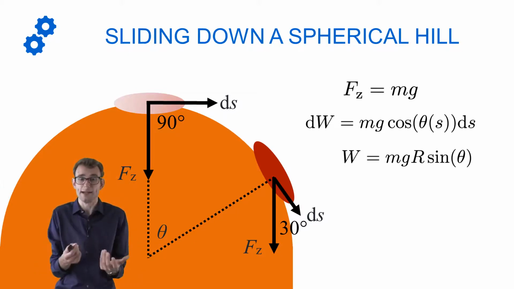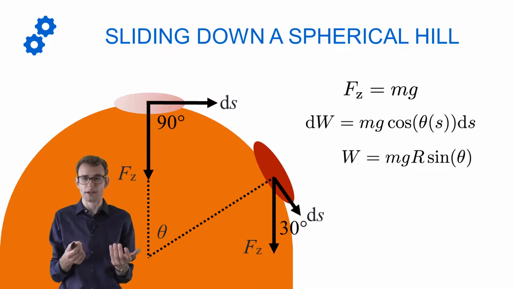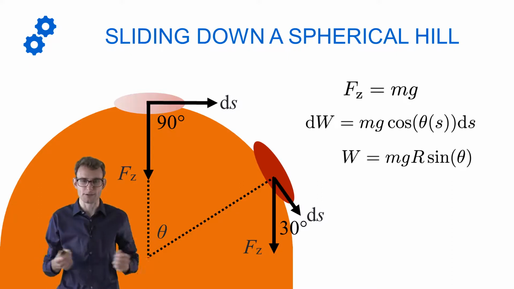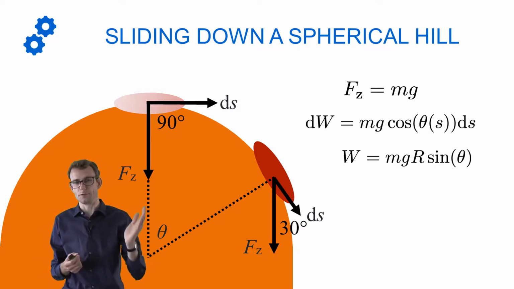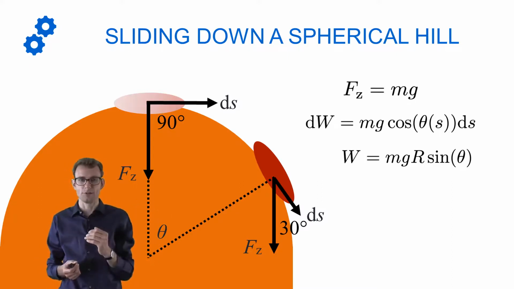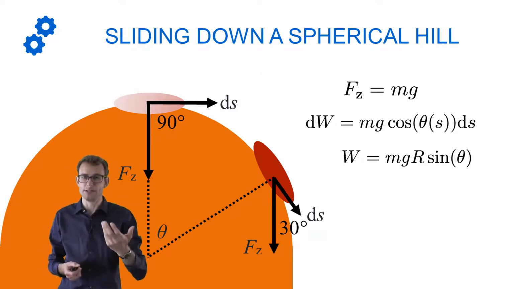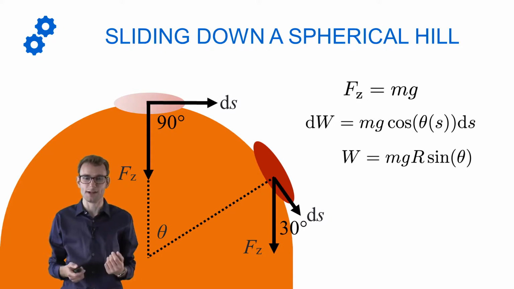Now we can integrate, and what we find is that the work depends on the total angle that you covered and the radius of the sphere. In particular, if you've gone the full quarter circle, you'll have m times g times r, which is something that you'll find comes back later.